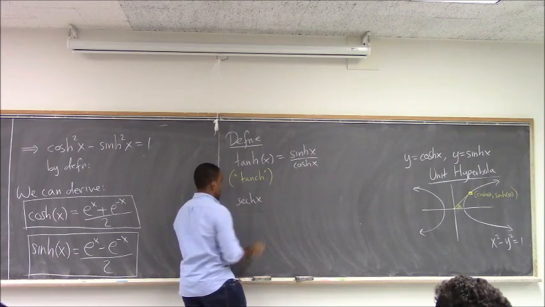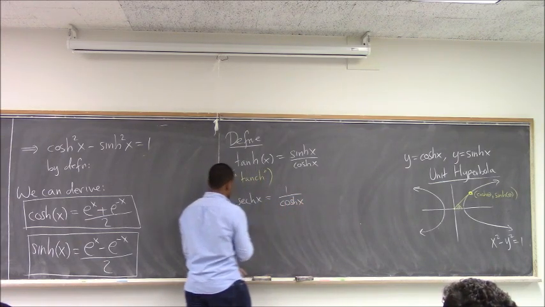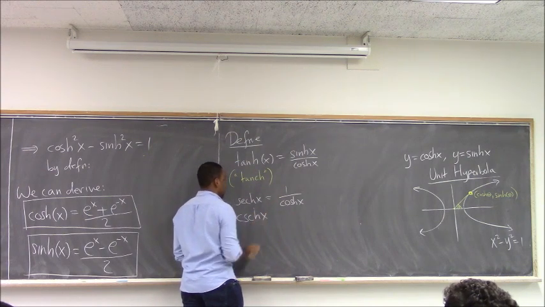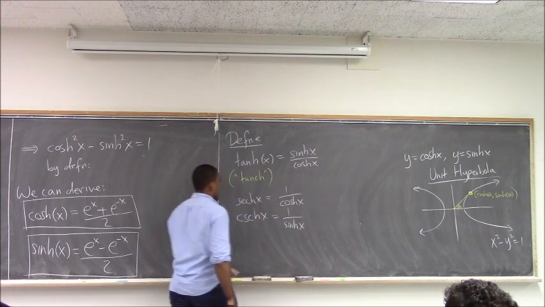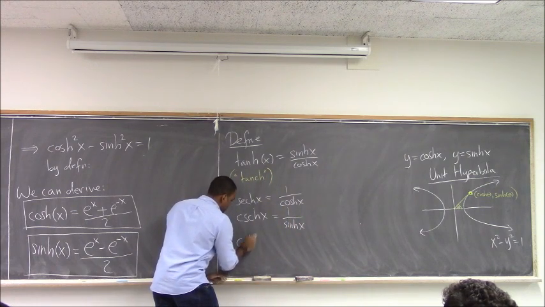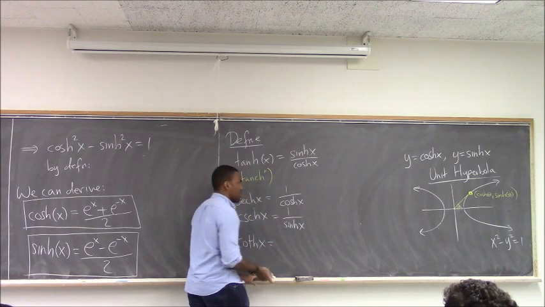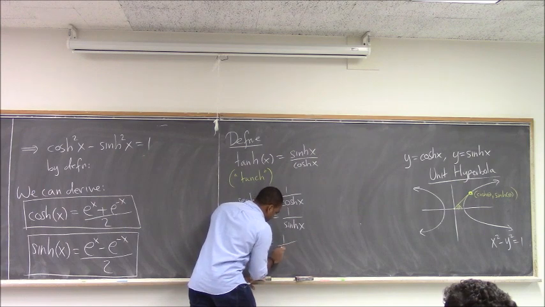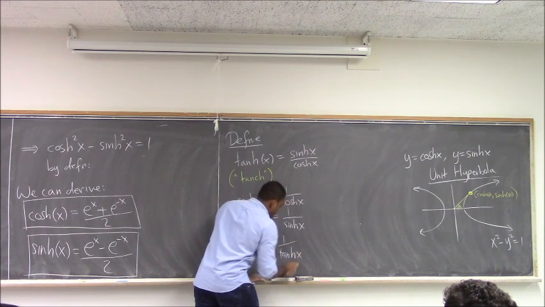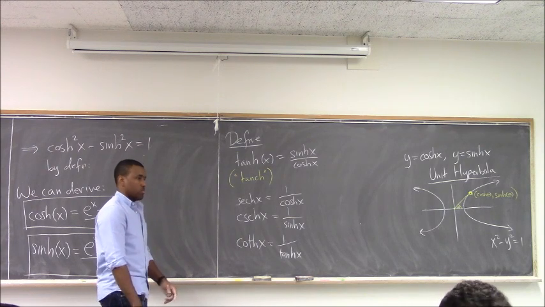That doesn't really have a nice short name. That's 1 over cosh. You can define the hyperbolic cosecant, 1 over sinh. You can define the hyperbolic cotangent. I don't know if they call that cotangent. People don't use that very often. This is 1 over tanh.